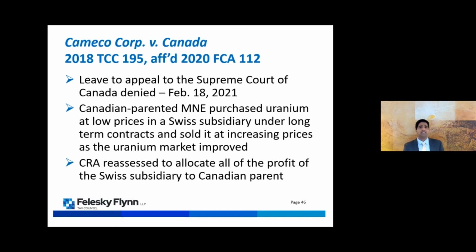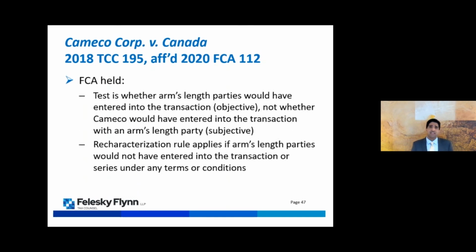And now the CRA reassessed the Canadian parent to allocate all of the profit of the Swiss subsidiary to the Canadian parent under, among other things, the transfer pricing recharacterization rule. And I won't go into all aspects of the case, but with respect to the recharacterization rule, the Tax Court said it didn't apply, and the Federal Court of Appeal agreed.